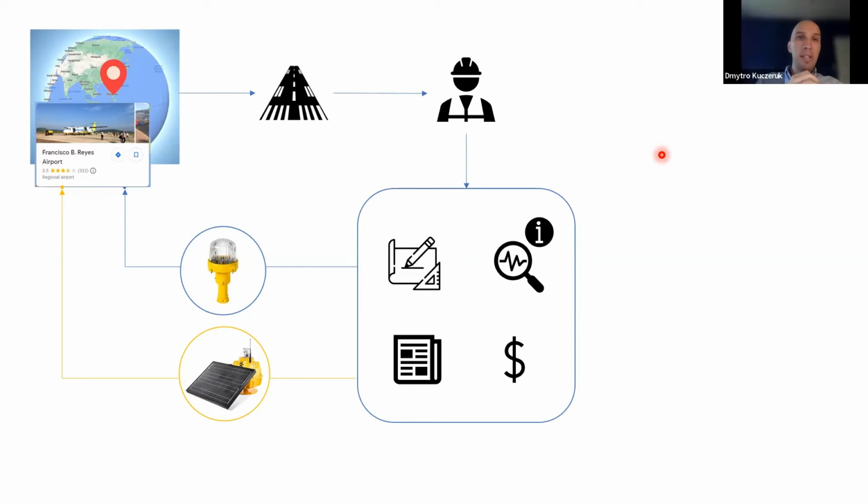Over time, we here at S4GA have developed 4 simple steps that allow us to validate the feasibility of a solar system for any airport. And what are those steps?